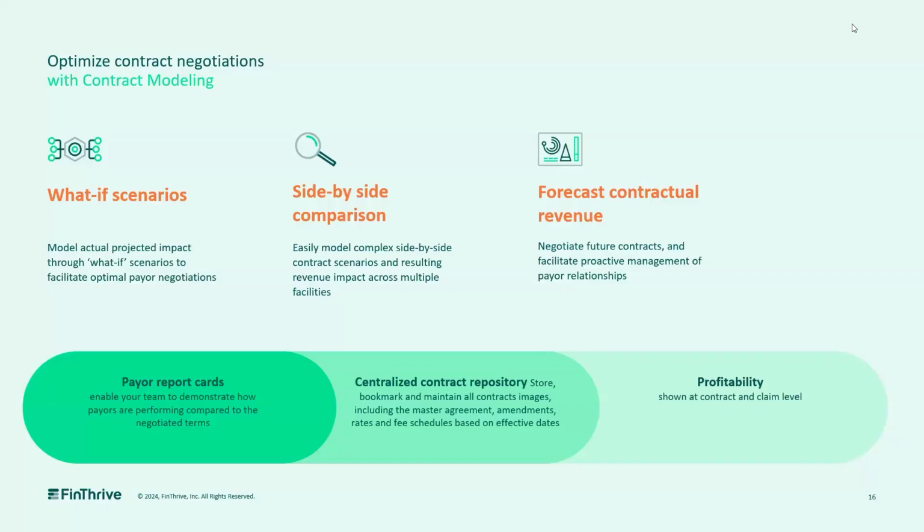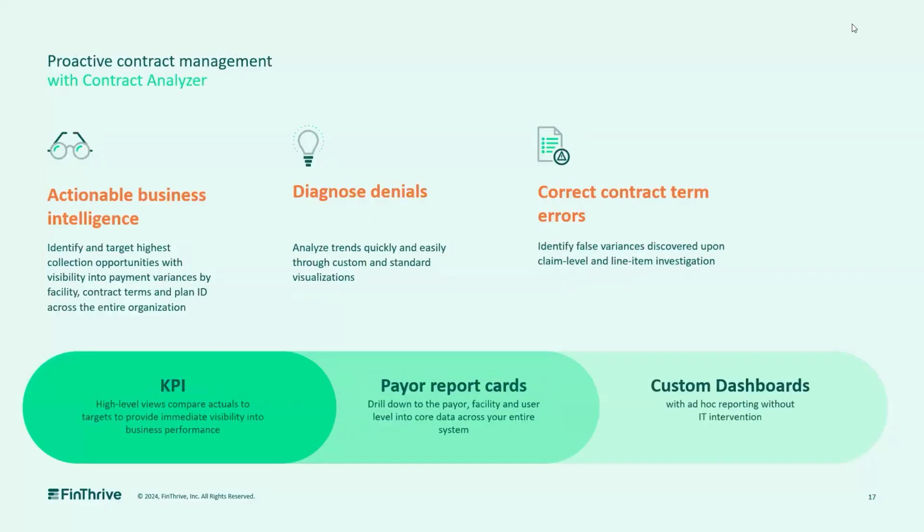So then how to start looking at it from a forecast contractual and revenue, and then think about it from an analytics perspective, payer report cards, centralized contract repository, and profitability. Those things are key. So modeling is built inside contract management. So it allows you all of that structure. Again, what does your data say that the contract says differently?